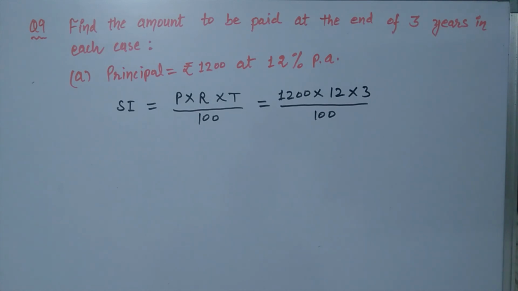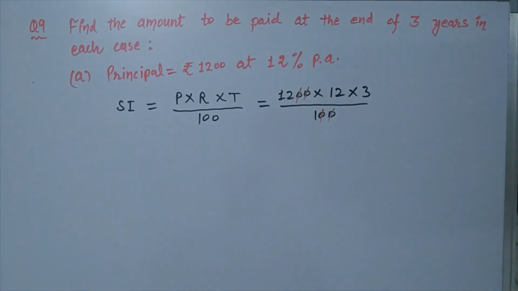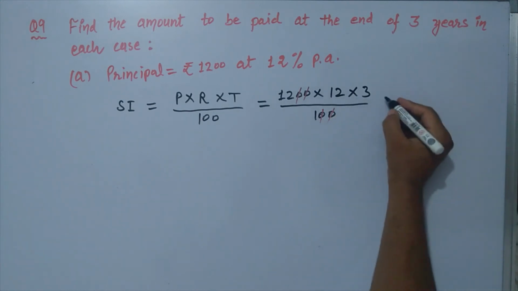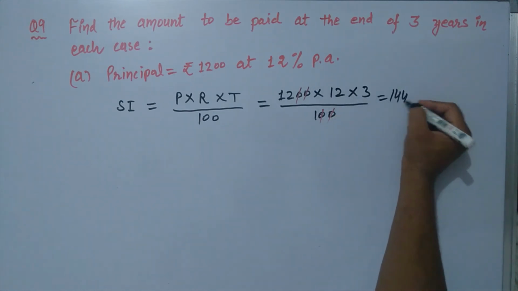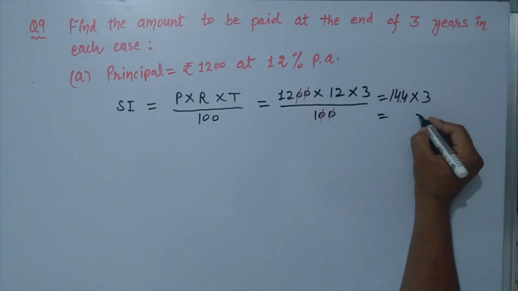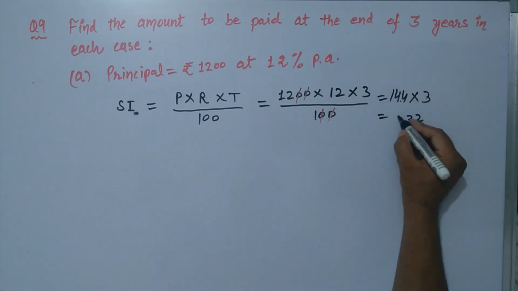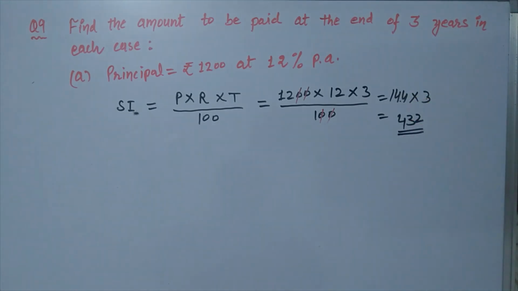Now what we do, 2 zeros in the denominator, 2 zeros in the numerator, cancelled. 12 into 12, 144 into 3 is equal to 4 into 3, 12, 4 into 3, 12, 13, 3, 4. This is the interest.